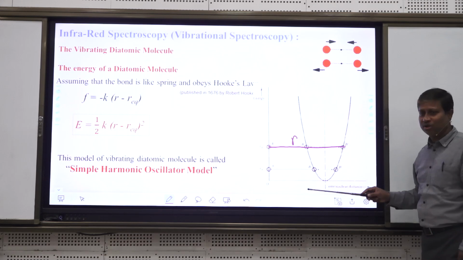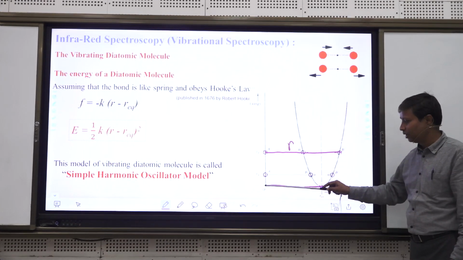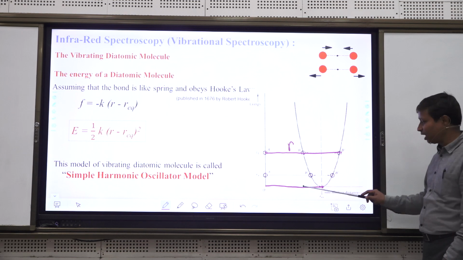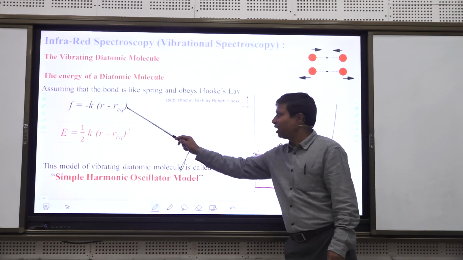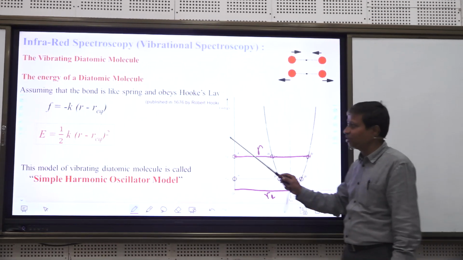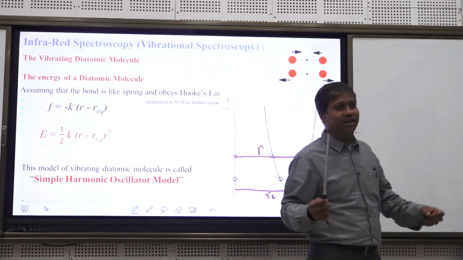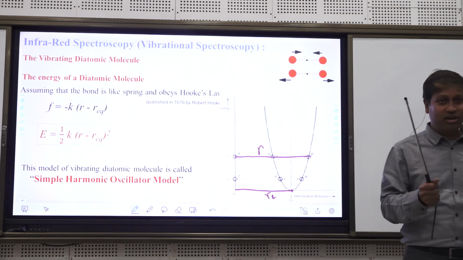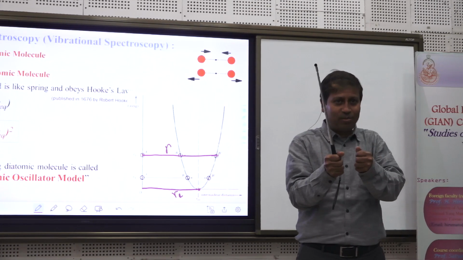R equilibrium is a constant value, from here to here. So R minus R equilibrium, where R is bigger, is a positive quantity. What the minus says is that an attraction force is working on it, because two atoms are forcibly separated, so they will try to come close.